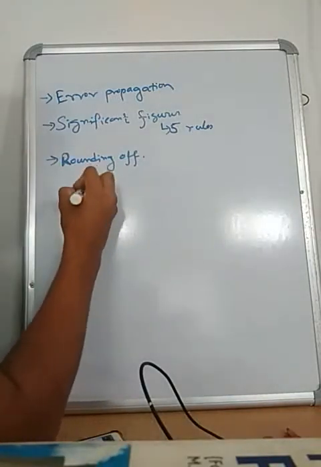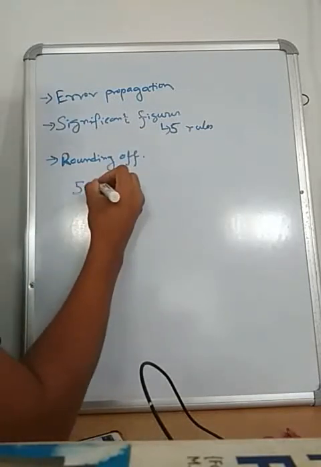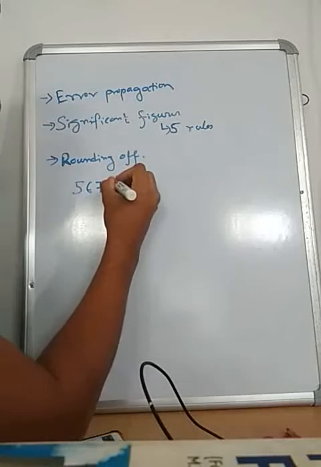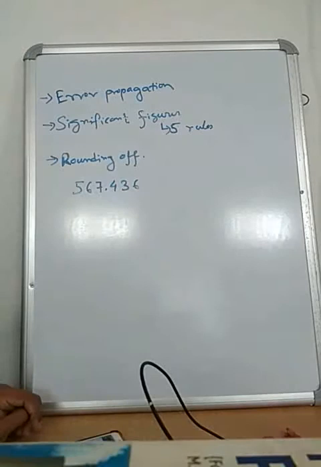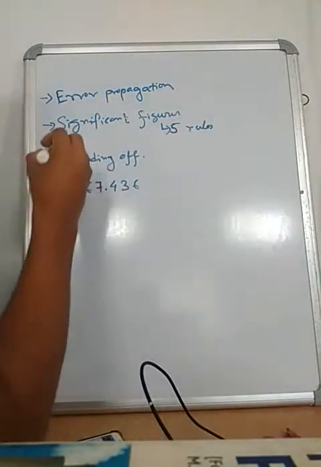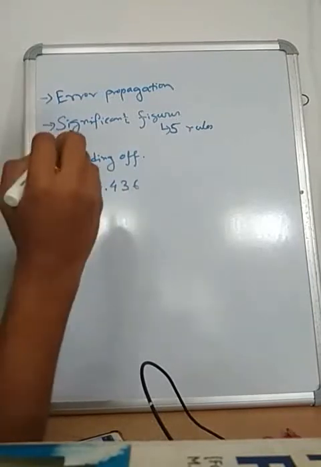Suppose we get the experimental result 567.436, and we are told to round off this value up to 5 significant figures.